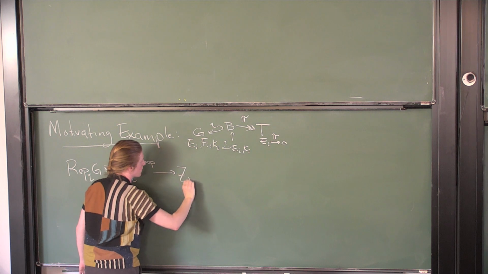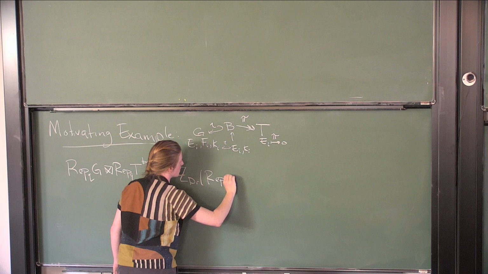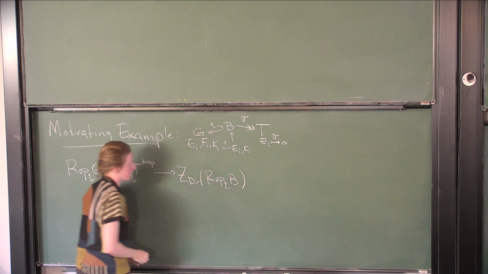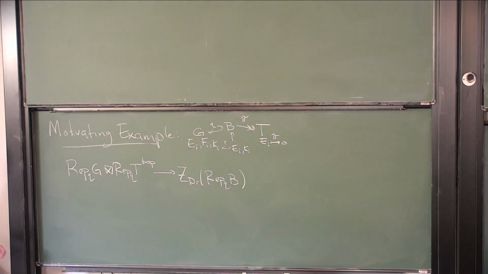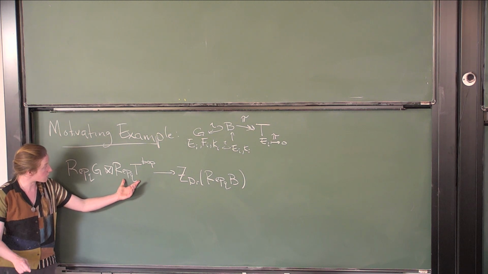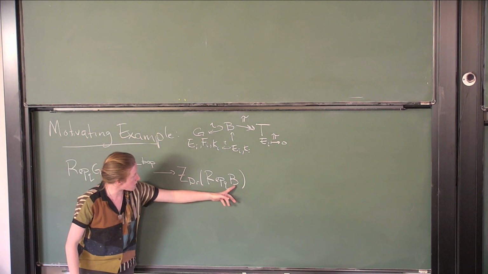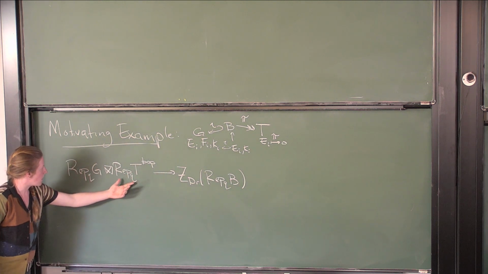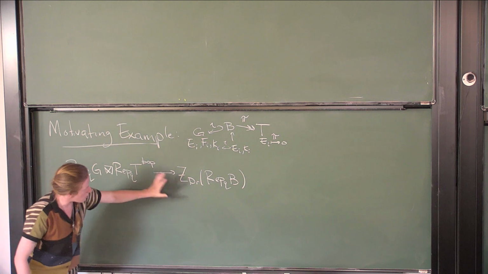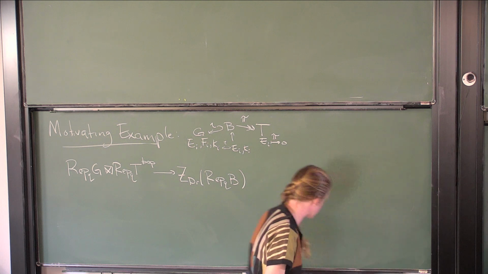And I need to go to the Drinfeld center of Rep_q B. So here I'm going to be looking at representations. Here I'll be looking at just integral weight representations. And here I will be looking at representations of B that restrict to representations of T.